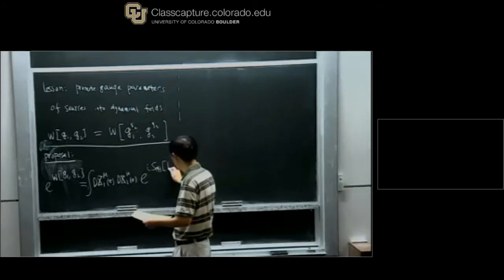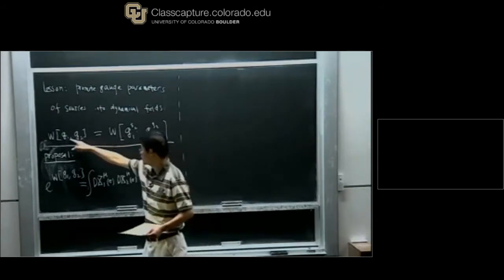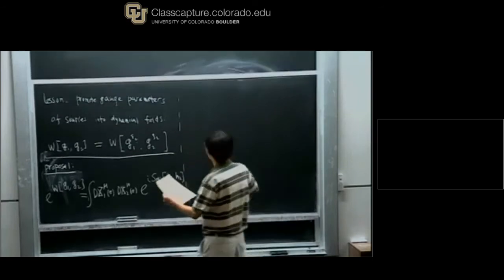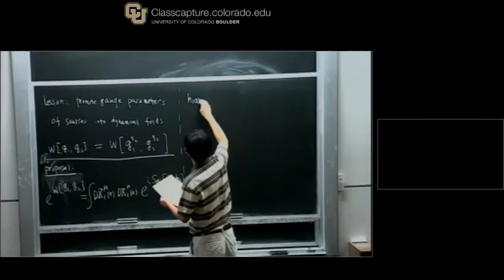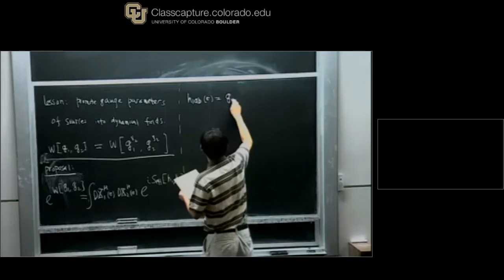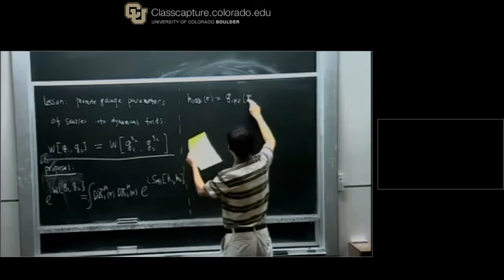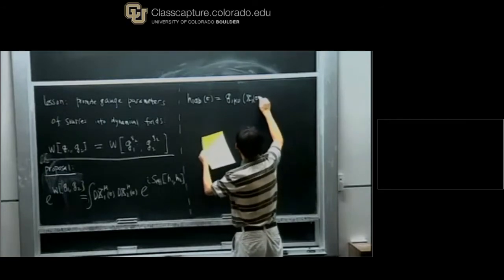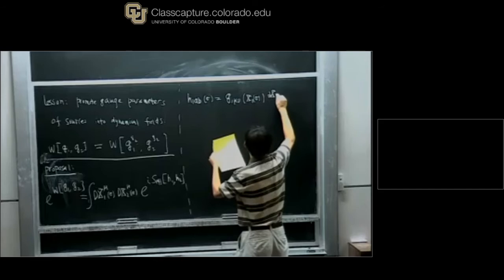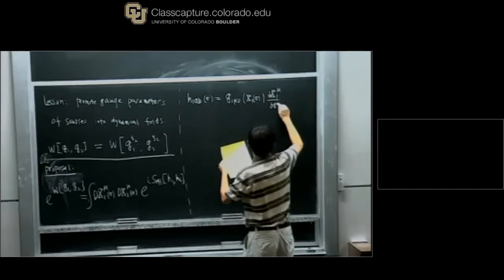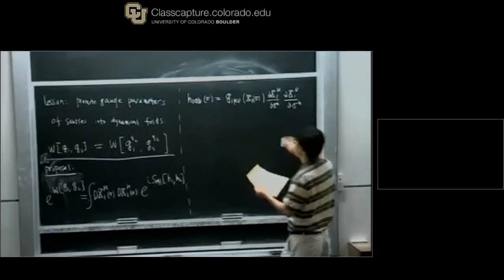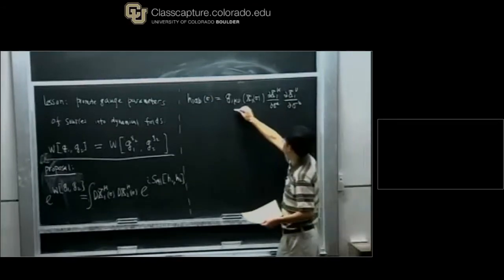I require the action to only depend on the external metric and this dynamic field in the following manner, in terms of H1, H2. H1_AB(sigma) is equal to G1_mu nu(X1(sigma)) partial_A X1^mu partial_B X1^nu.